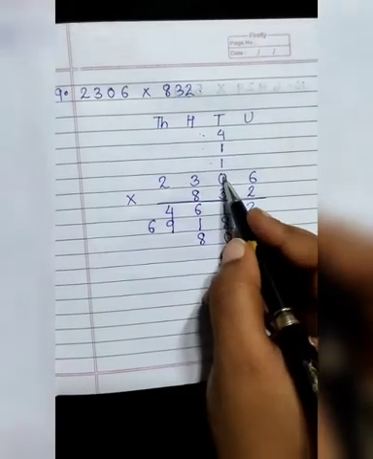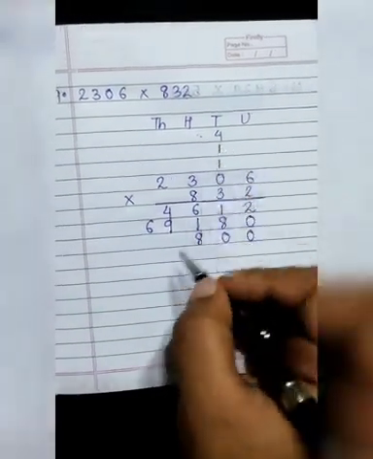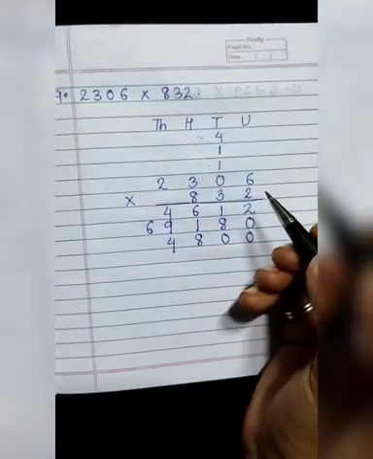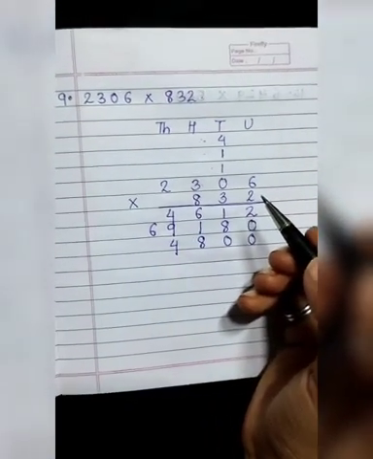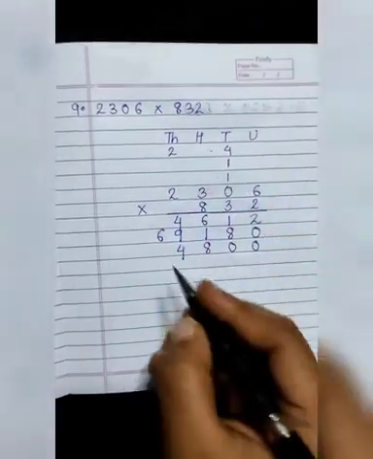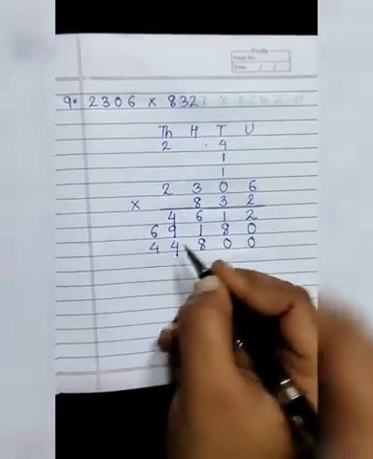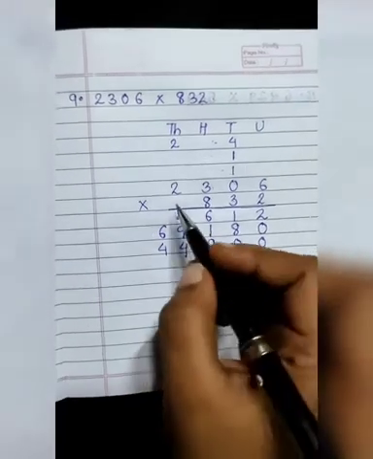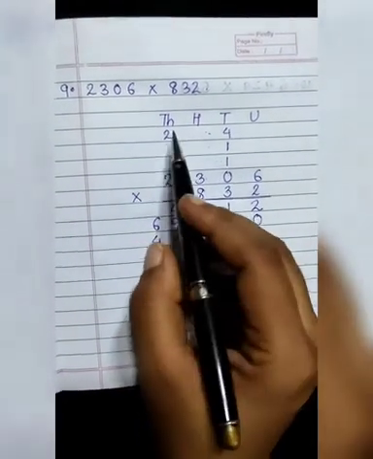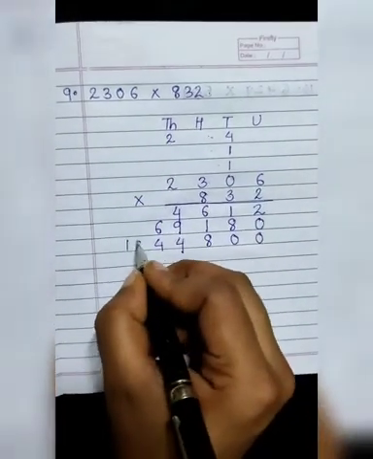Then 8 zeros are 0, but here 4 is there, so we will write here 4. 8 threes are how much? 24. So 2 we will write up and 4 we will write down. Then 8 twos are 16. Plus 2 will be 18.